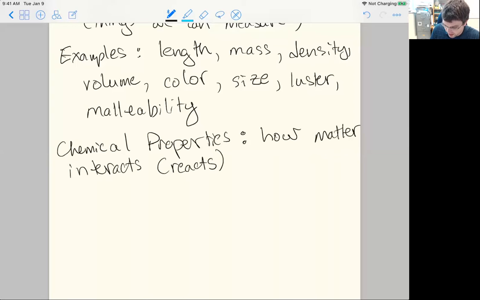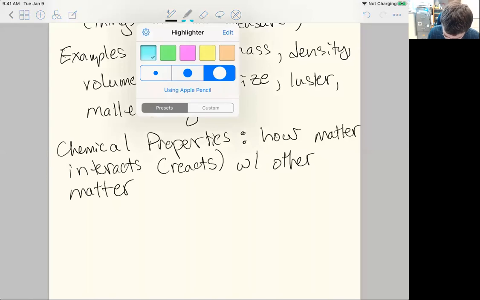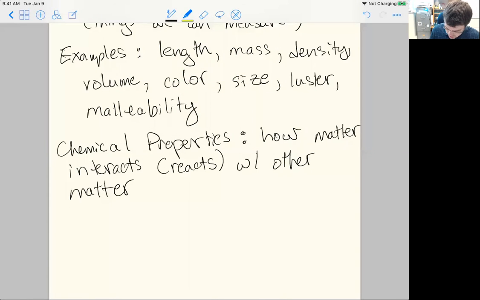So how matter interacts or how matter reacts with other matter. We keep this definition sufficiently vague, but the key word in this definition is interact or react. So when we're talking about chemical properties, we're talking about what types of chemical reactions something does.